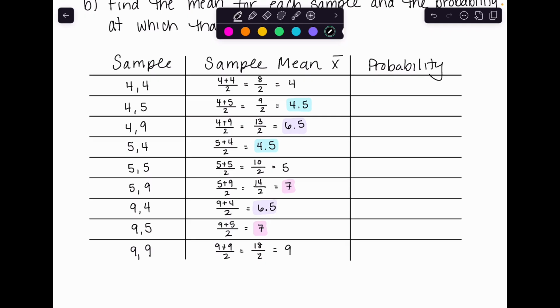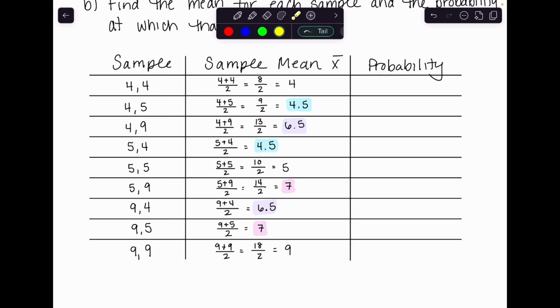So these are all of the means of the samples, which is why they're called the sample mean. And if you remember our notation from dealing with samples, we put that bar over top to indicate it wasn't the full population. Now my probabilities, again, there are 9 pairings.